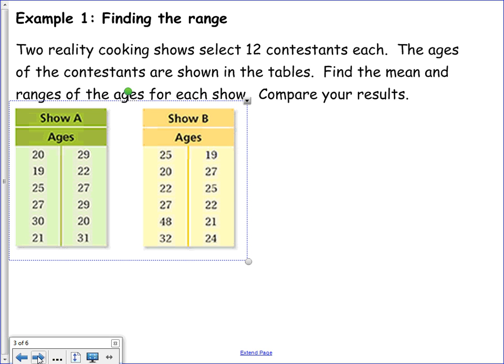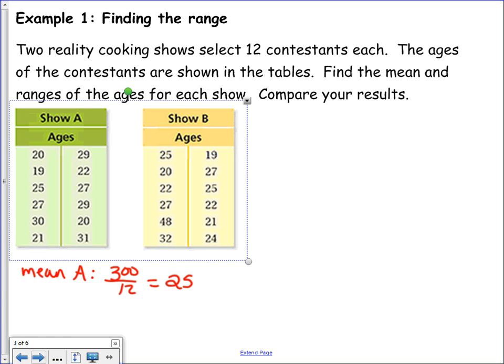To find the mean, we add up all of these data values and divide by 12 for show A. So the mean for A is the total, which is 300, divided by 12, and that equals 25.